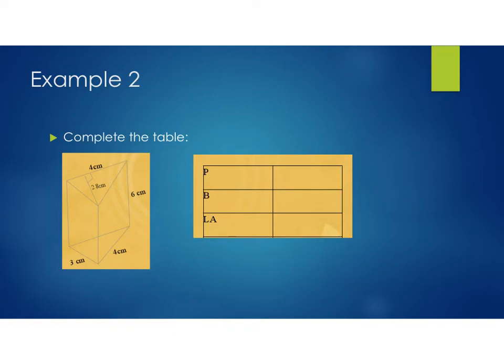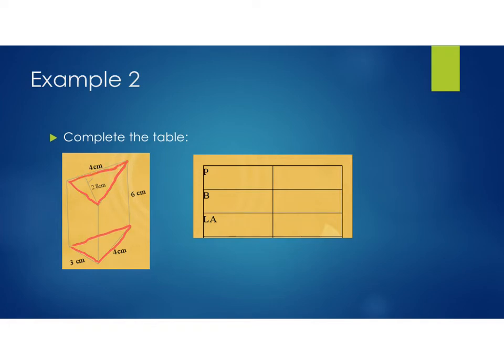Okay, for our next example, we have a triangular prism. Notice the shape that's on the top and the bottom of our figure is a triangle. So we have a triangle down here and up here. Both bases are congruent triangles.